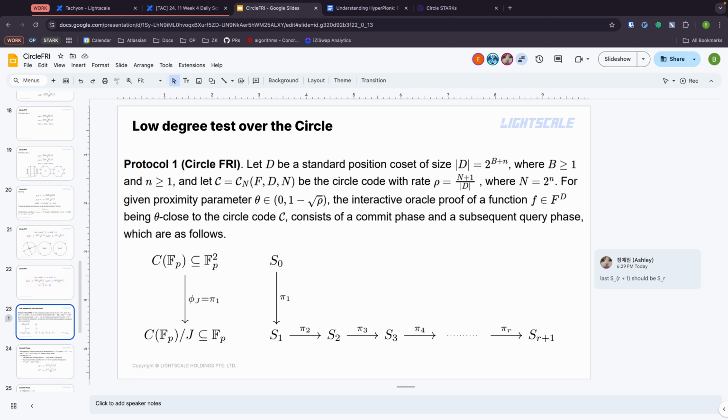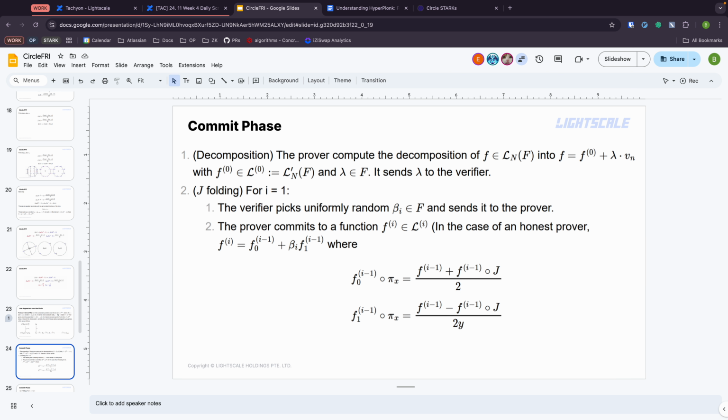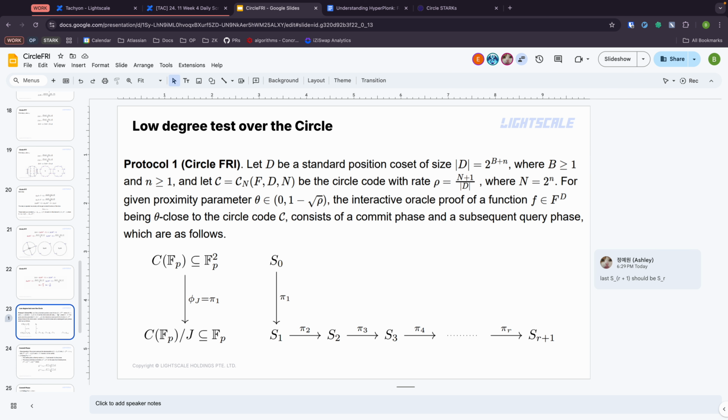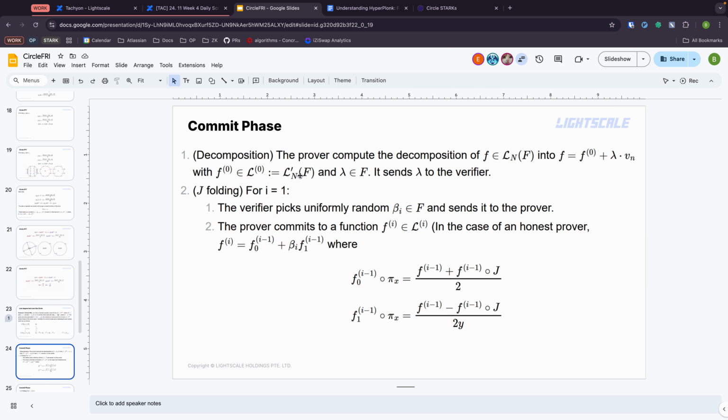I'll go over each step, how it looks. So we actually do this decomposition step. I'm not sure why this step is needed, but I'm guessing that this FFT can only be done in this domain.